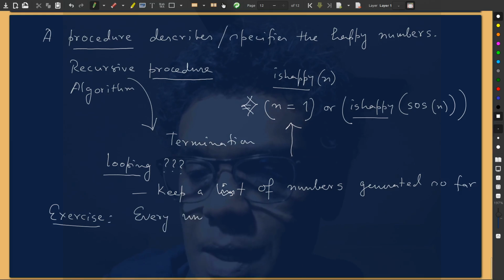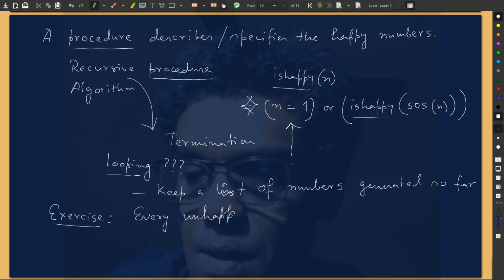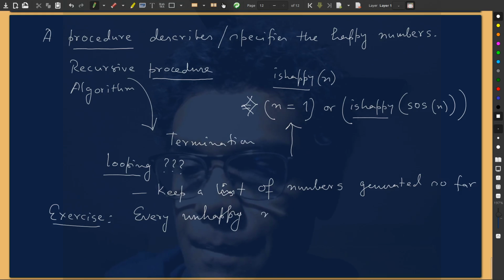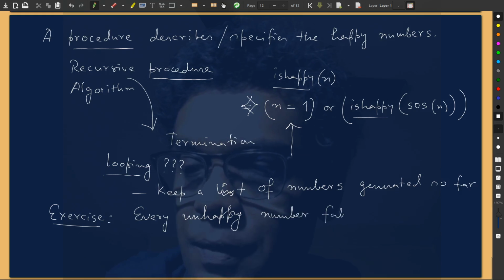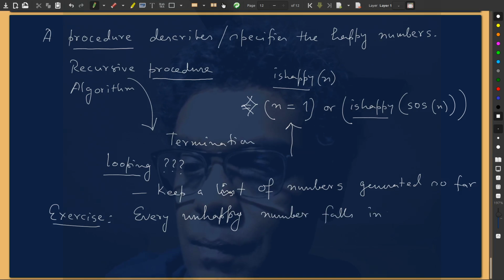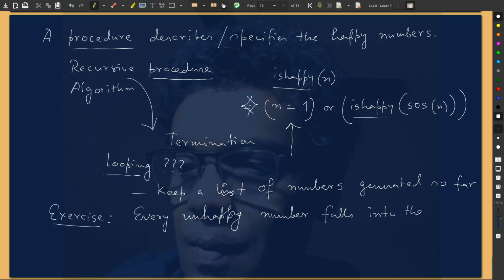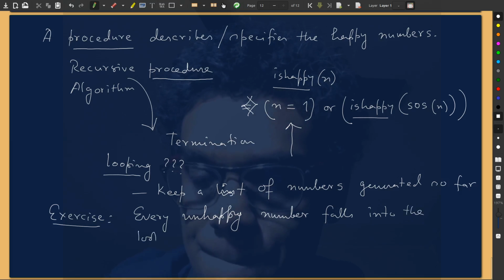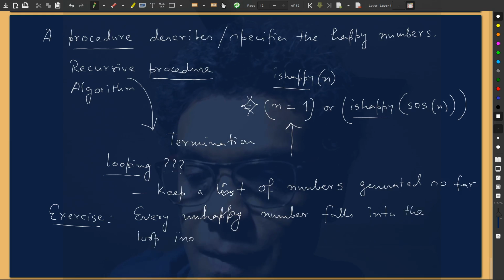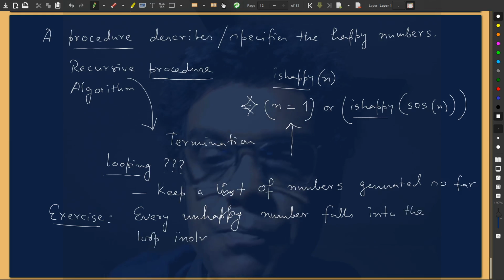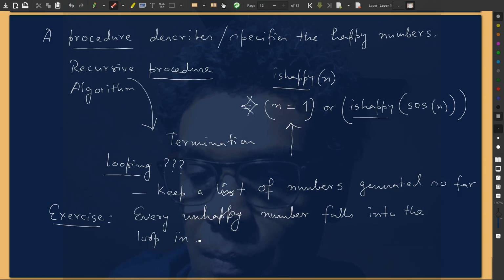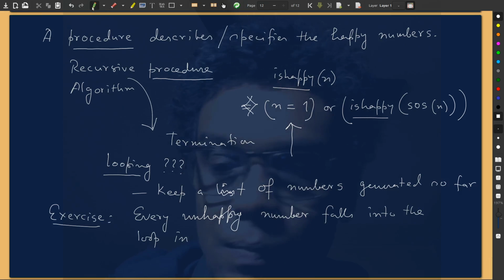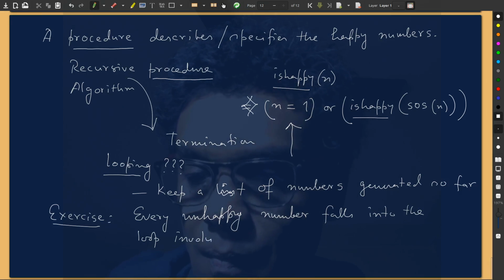Every unhappy number falls into the loop involving four. Prove it.